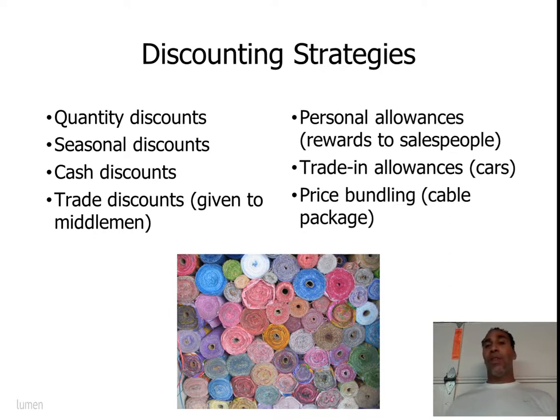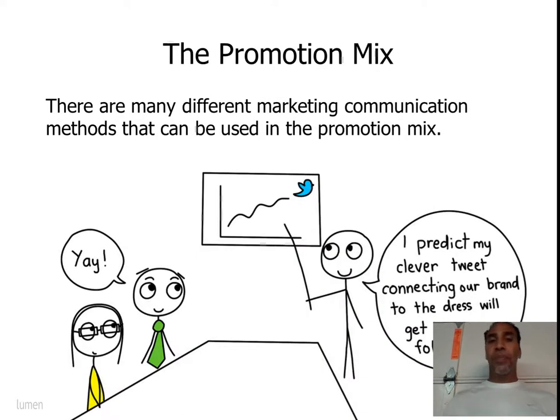Say, if you're the 50th customer for that salesperson, you get everything half off or something like that. Trade-in allowances, like you trade in a car, it helps you out. And then price bundling, like you have your bundle with your cable, your phone, internet, and all of that.